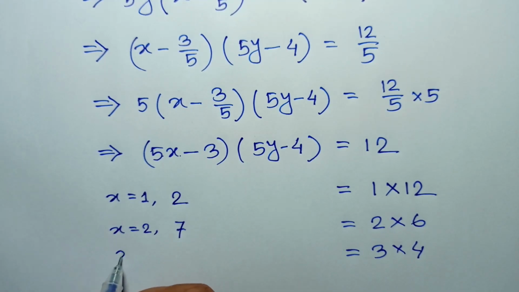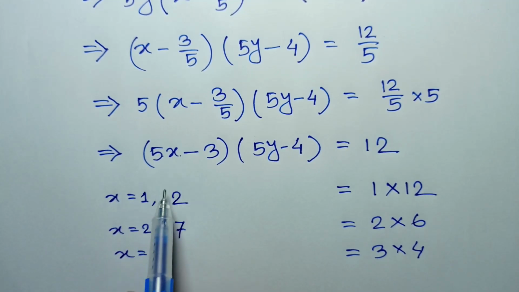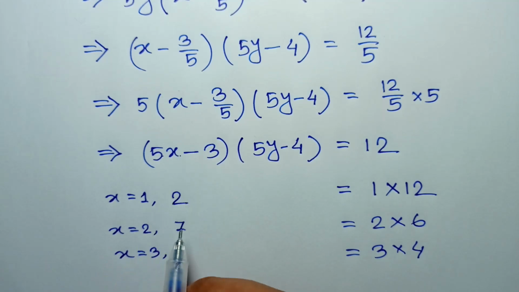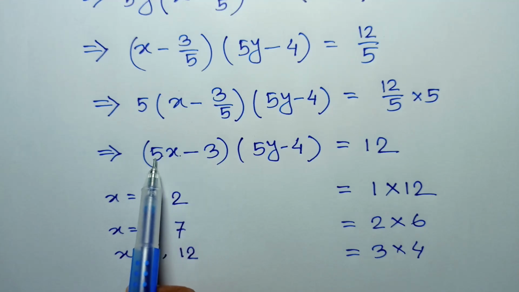And when x is equal to 3, then 5x is 3 times 5 is 15 minus 3 is 12, and for the next value of x it will be greater than 12.